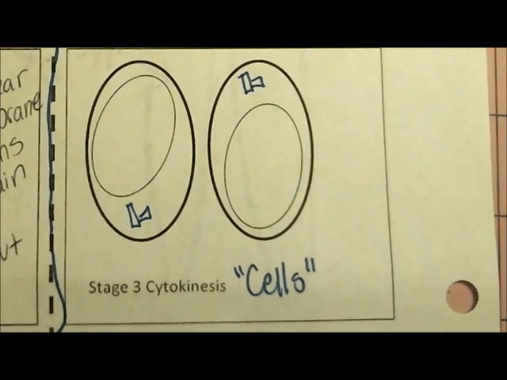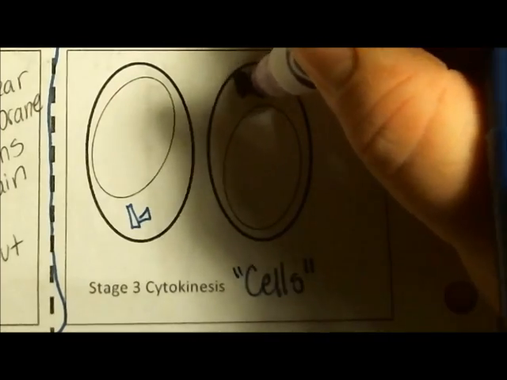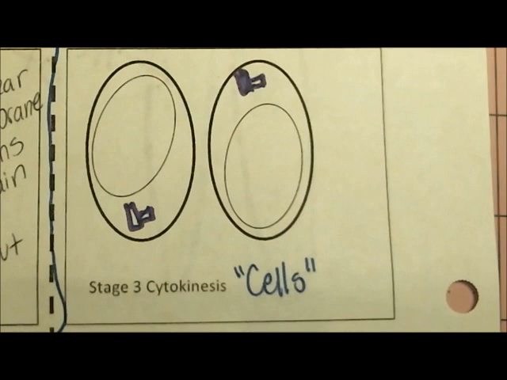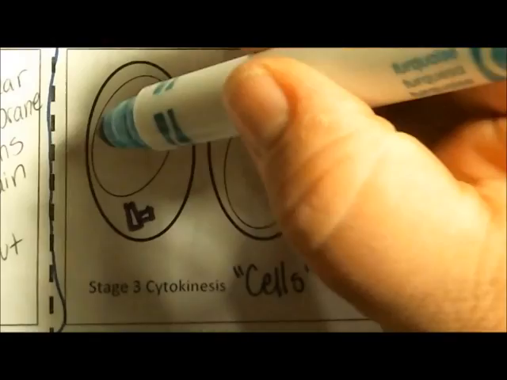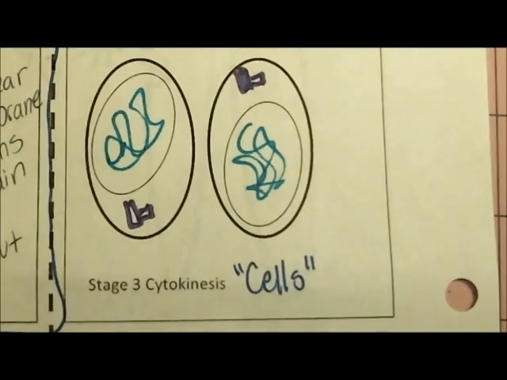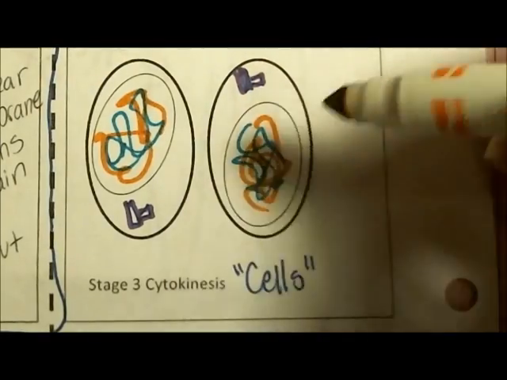And the nuclei, oops, that should be my centriole color. The nuclei are identical, so they have the exact same DNA, because remember the chromatids were each an identical copy. So inside the nucleus, the chromatin's just back in that squiggly line state, kind of relaxed out. We don't really see it. Is anything too special looking.